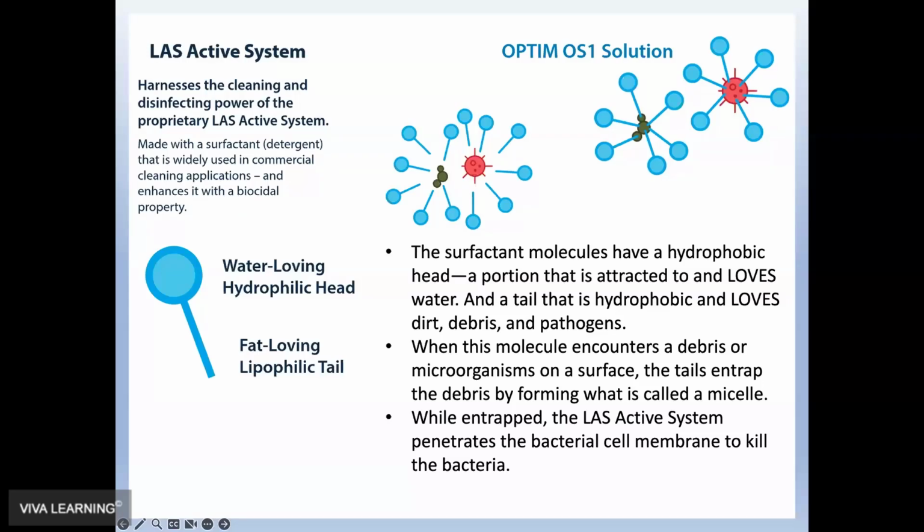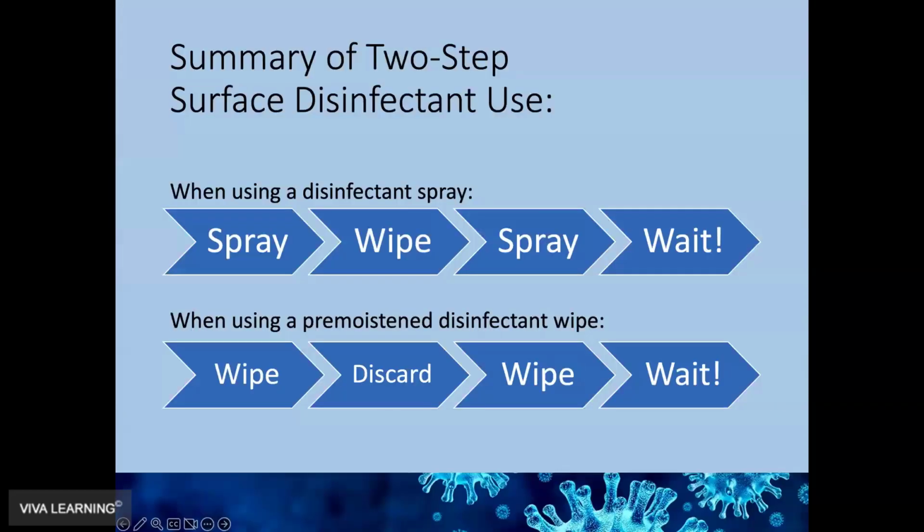When the molecule encounters debris or microorganisms on the surface, the tails entrap the debris, forming what's called a micelle. Once it's entrapped, the LAS active system penetrates the bacterial cell membrane to actually kill the bacteria or microorganisms trapped within. It works very much like the Venus flytrap on the previous slide, which is why I liked that analogy. Think of that analogy as you think through this molecule and how this LAS system works.